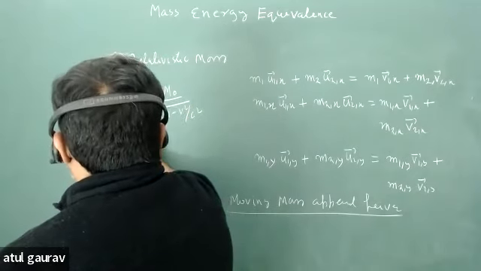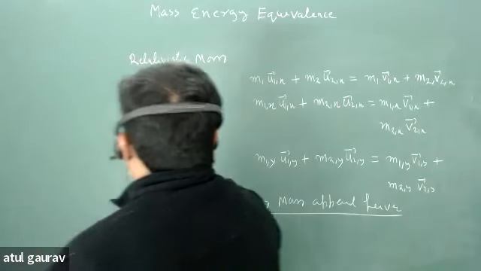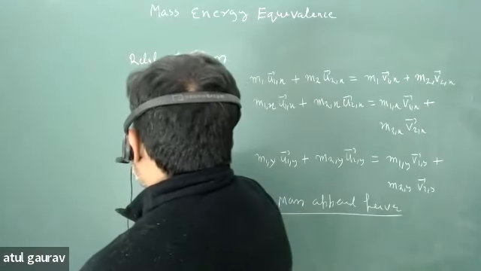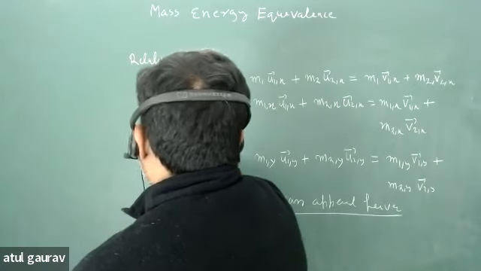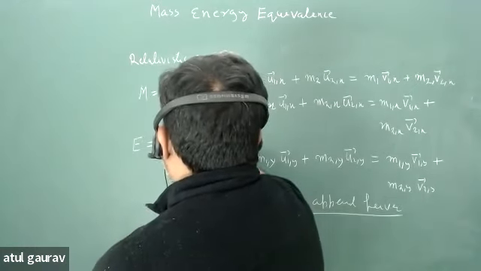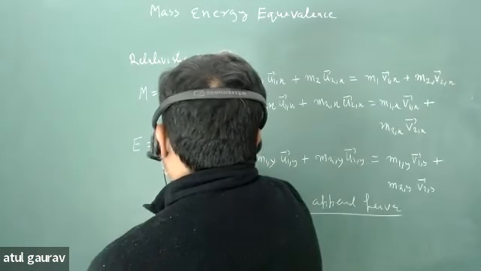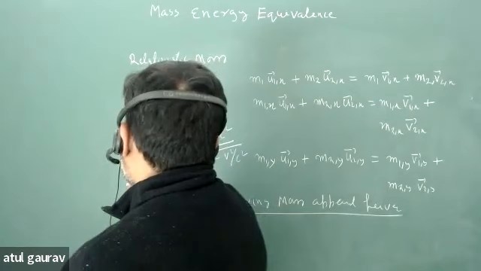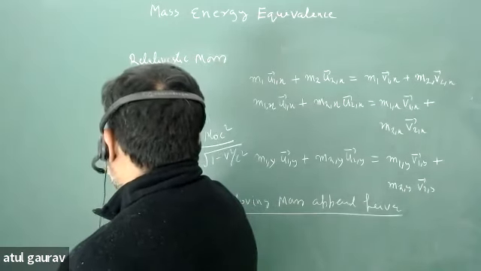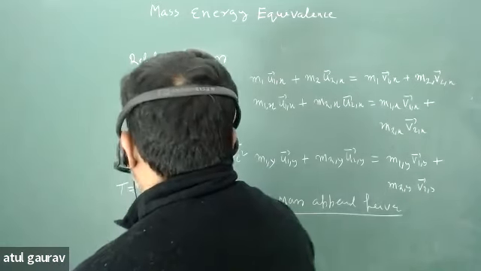And here we have relativistic energy. And what is this relativistic energy? It is equal to m c square, and that value is equal to m naught c square upon root under 1 minus v square upon c square. And similarly, we have kinetic energy. And what is your kinetic energy?